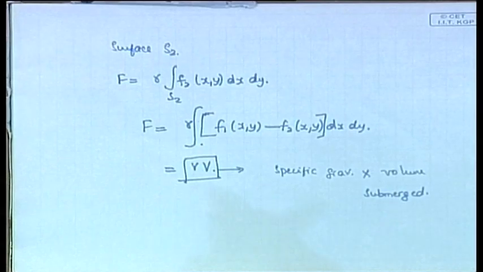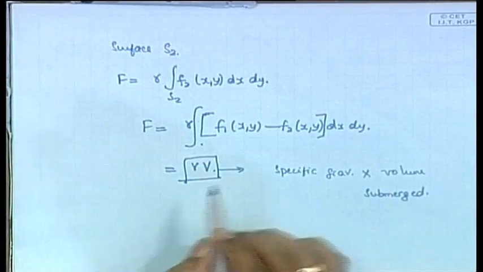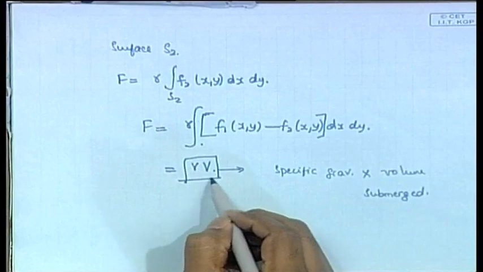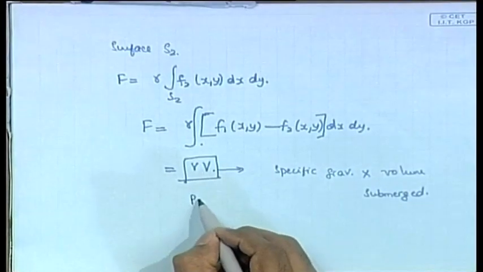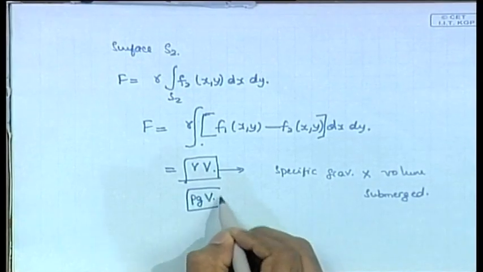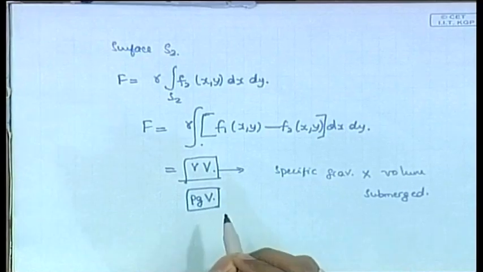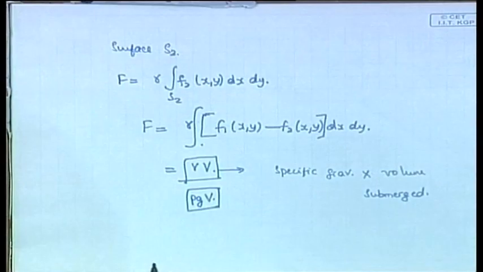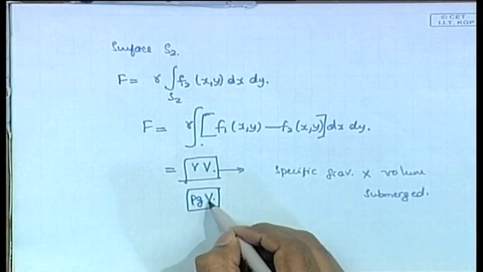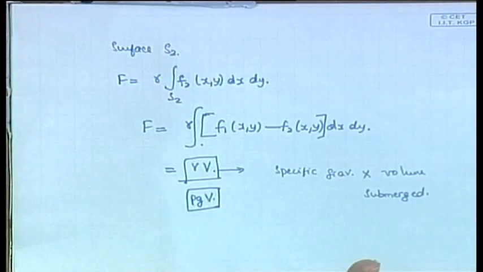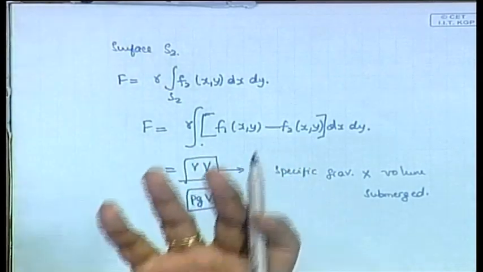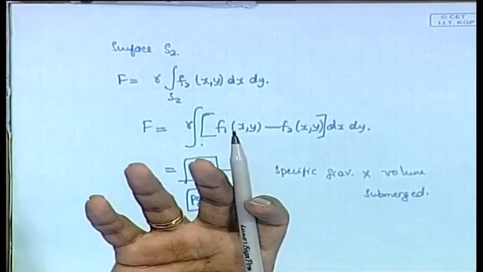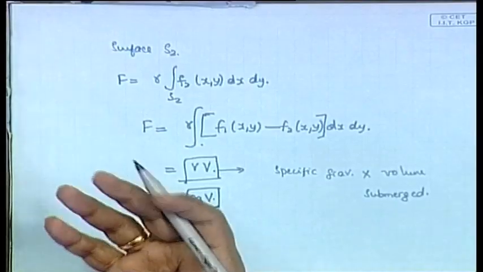So, this is the final thing that you carry away from this class: it is gamma or rho g into V. Again I tell you, V is the volume immersed, not the total volume of the body, and rho is the density of water, not the density of the body. Once you have those two clear, rho g into V will give you the buoyancy force. If the body is remaining like that, it means the weight of the body is balanced by the buoyancy force.